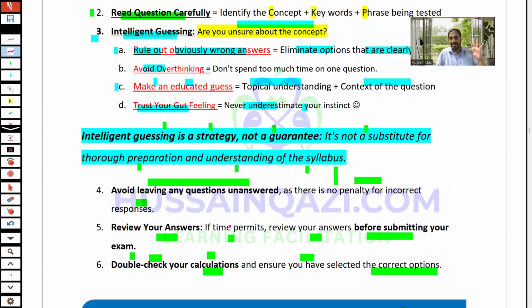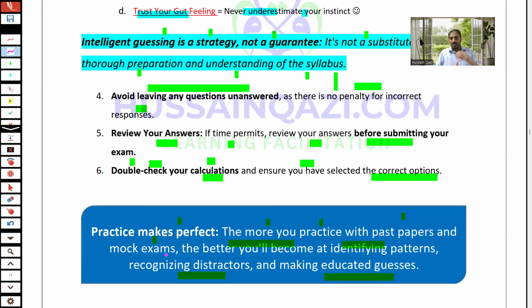If a question is out of your tolerance, you may leave it, but review your answers and double check your calculations. Practice with these pieces of advice, and as you practice, you become able to recognize the psychology of the examiner, recognize the distractors, and make educated guesses.